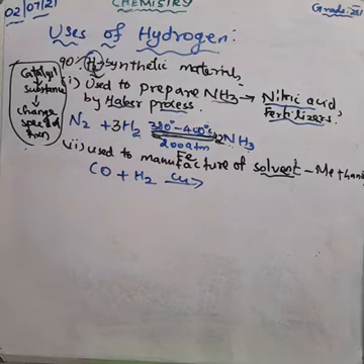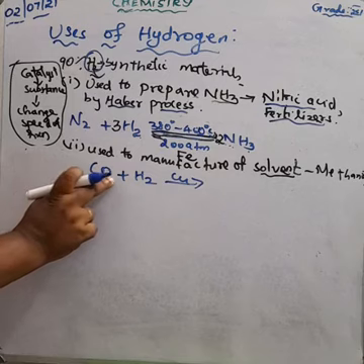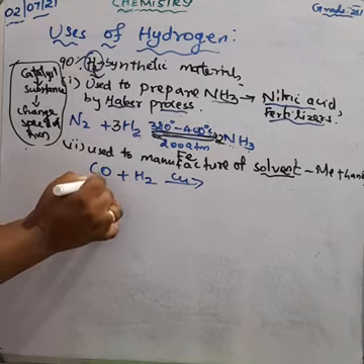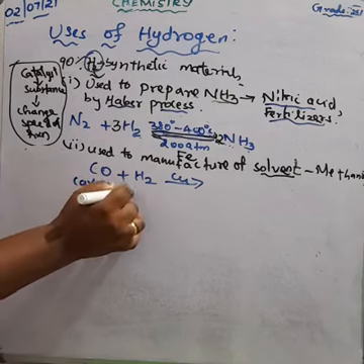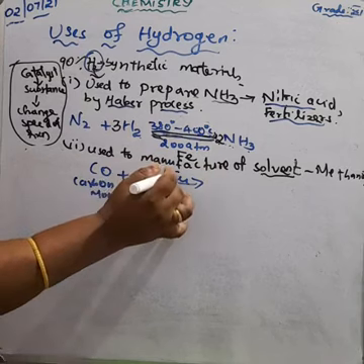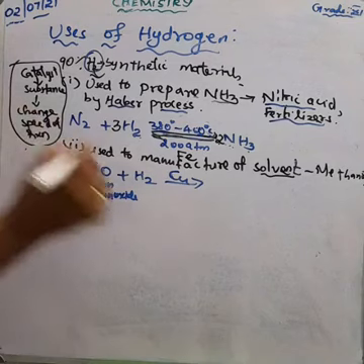Okay, so carbon monoxide, what is the formula for carbon monoxide? CO, carbon monoxide, plus hydrogen, H2. So what is the catalyst we are using here? Copper, Cu. We get methanol.